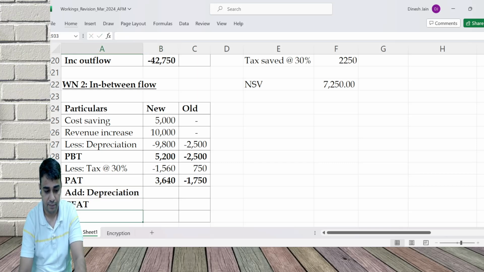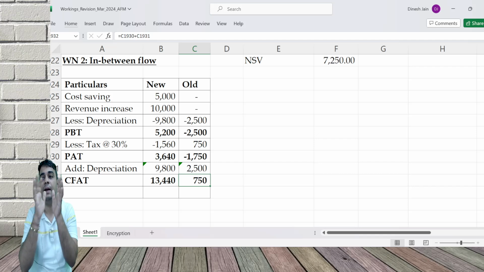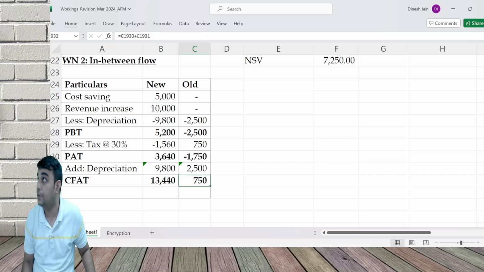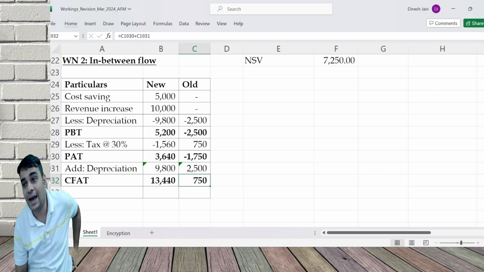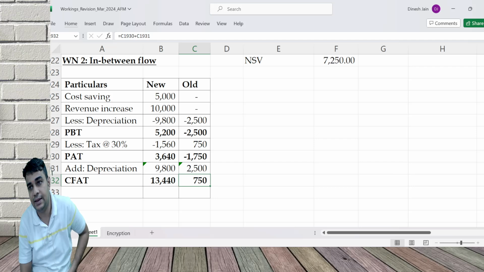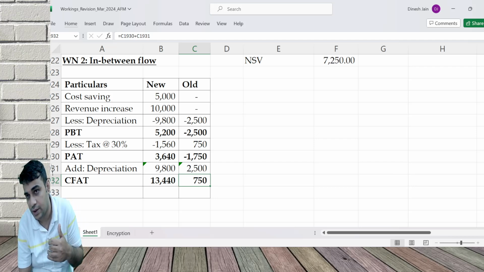CFAT. In short, the old machine has only one item, which is depreciation into the tax rate. They don't have anything else because no cash flow was given.